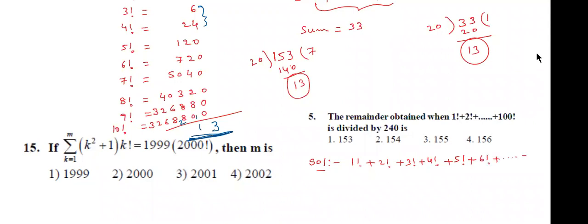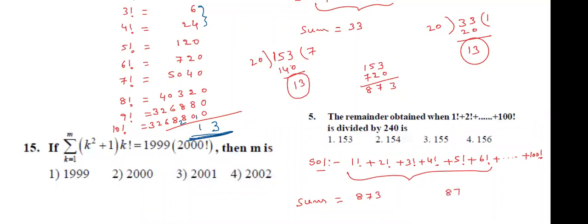The sum of these values, how much, students? Up to 5 factorial we know it is 153. Then 6 factorial means 720, or not? 153 plus 720, the sum is 873. Now 873 divided by 240.